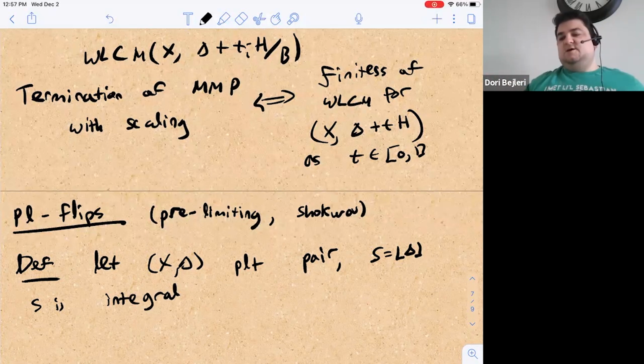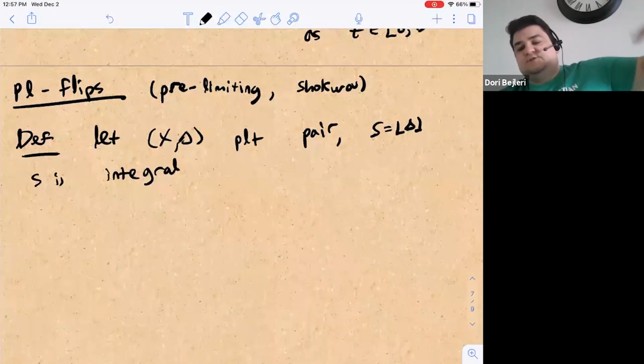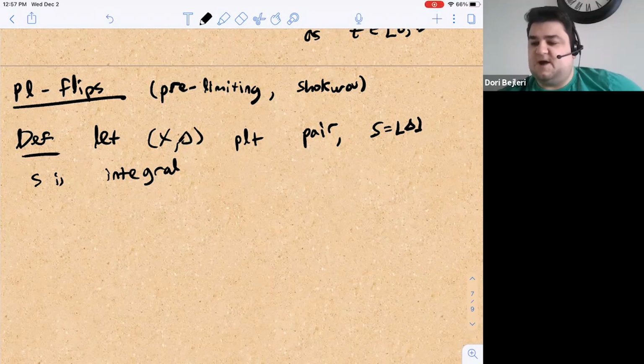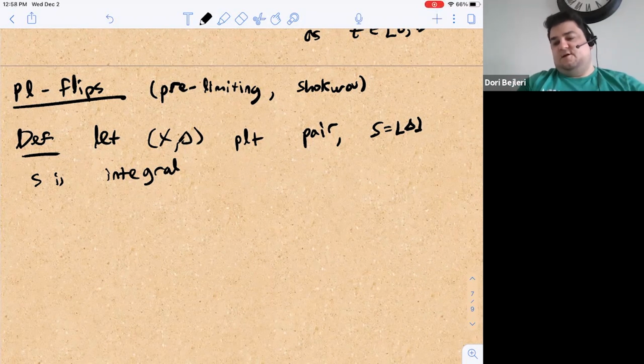Again, these pre-limiting flips are flips that we can hope to understand by using induction and restricting to S. That's exactly the point: the strategy will always be to use adjunction to restrict to S, and then use induction, assume that you know flips on S, assume that you know termination of MMP for S because it's one dimension lower, and try to get it for X. So PL flips are exactly the flips that are designed so that you can handle them with induction.